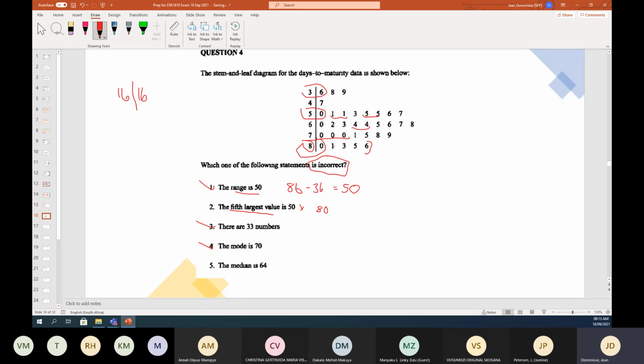That will give you 33. Okay, so 16, 1, 16. So 1, 2, 3, 4, 5, 6, 7, 8, 9, 10, 11, 12, 13, 14, 15, 16. So that is the middle number, and then there will be 16 again. So 64 is your median.